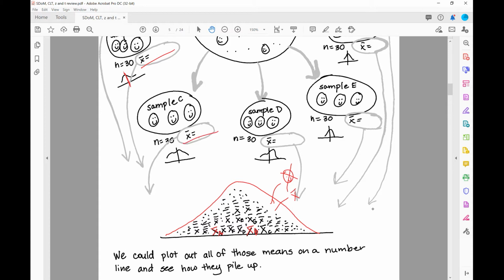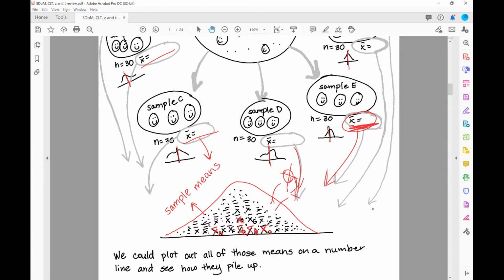And then same thing here: let's plot this middle, and then we plot the middle for the next one, and so on. So imagine that we just take each of these centers, each of these means, and we just drop that value, whatever that mean value happens to be, we find it on our number line, and we add it to our distribution. So each of the little points of data that make up this distribution, these are all sample means.